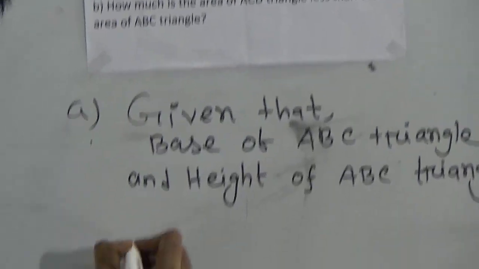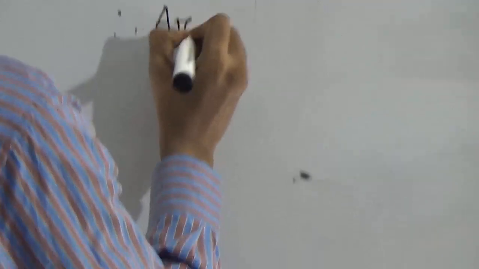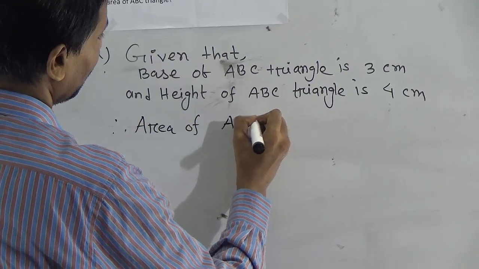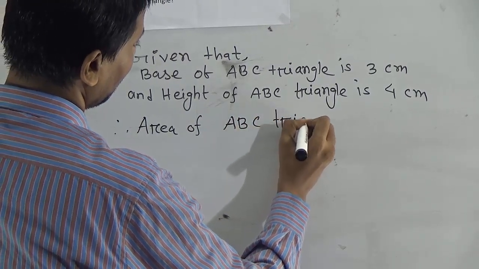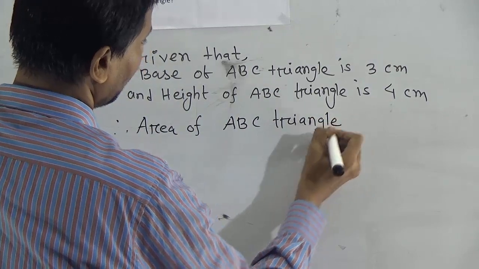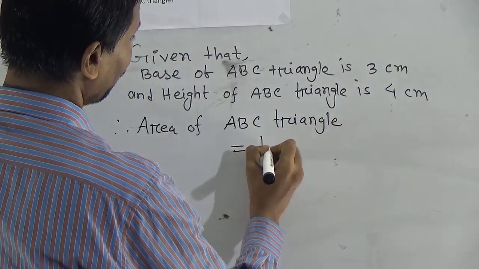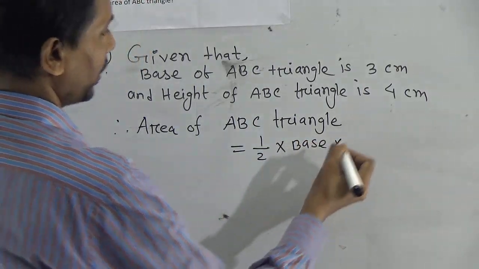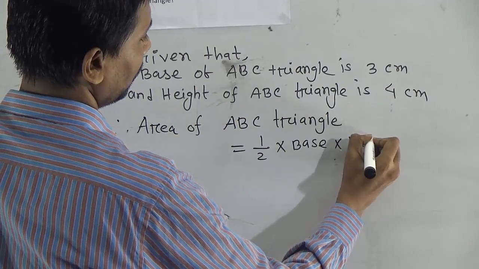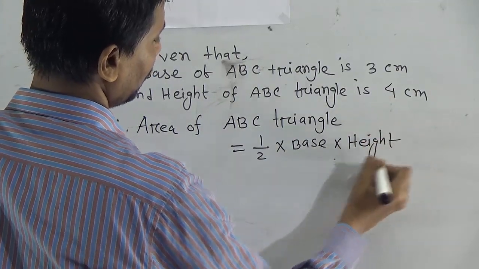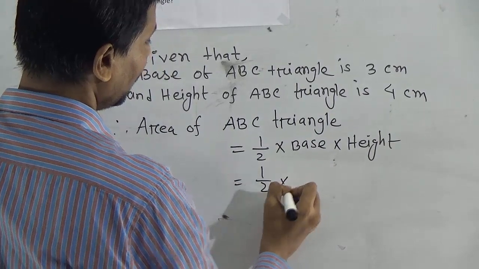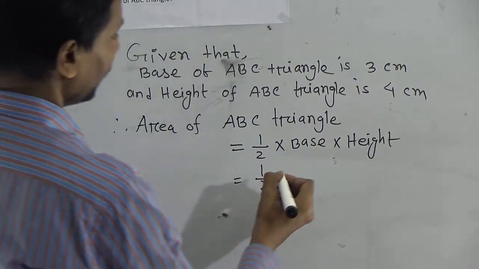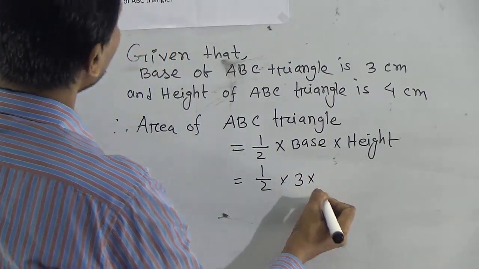Okay, therefore write area of ABC triangle is half into base into height. Okay, now write half. Here base is 3 centimeter and height is 4 centimeter.